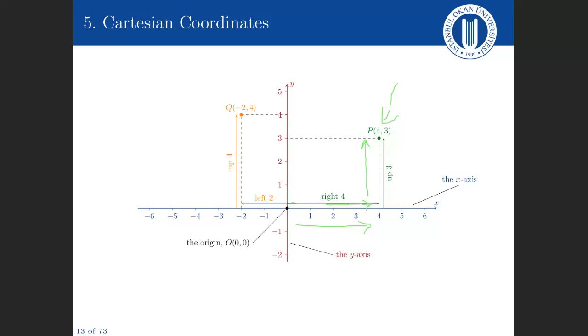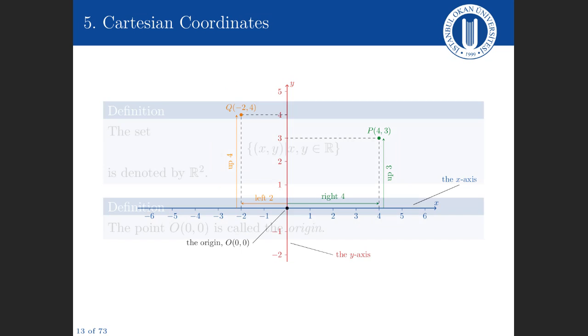We describe the position of this point using the numbers 4 and 3. Or, for example, point Q with coordinates -2, 4. A minus number means go left, we go left 2, and then 4 means we go up. Starting at the origin, left 2, up 4, we get to -2, 4.